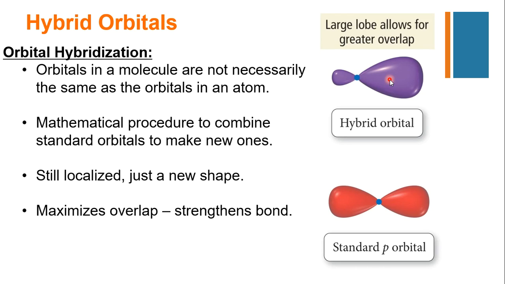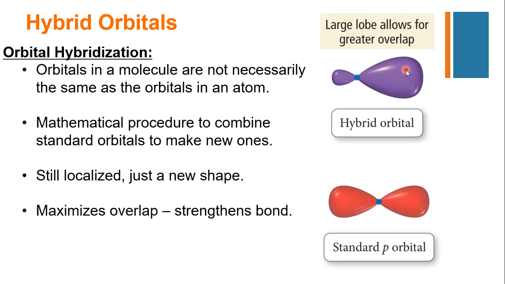What these hybrid orbitals offer us is a maximization of overlap, so this strengthens the bond. Not only do we get this larger area for that overlap to occur, we also, by hybridizing, get the opportunity to make 4 bonds instead of 2 or 3.